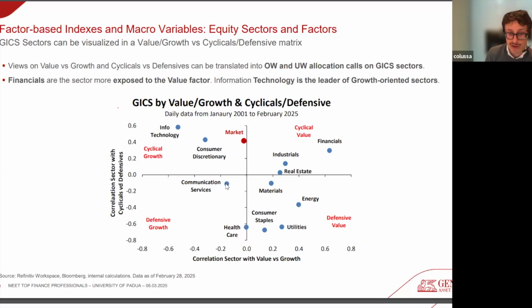Defensive growth, we actually have quite few sectors. Communication services is a very strange sector because it's a combination of a very cyclical one, which is media, for example Alphabet, Meta Platforms, just to mention a couple of names, Netflix, and telecoms, which tend to be a very defensive sector.